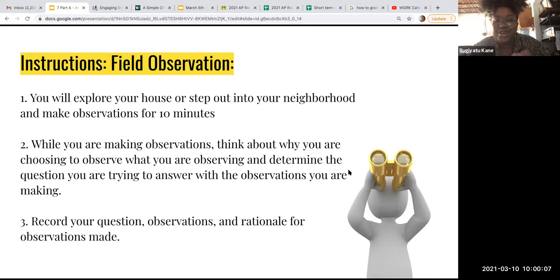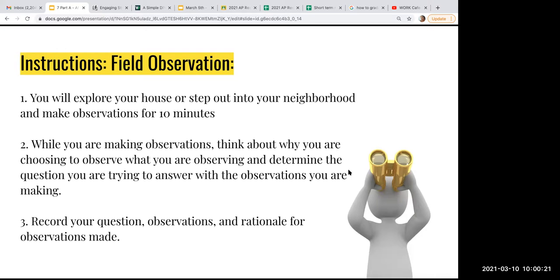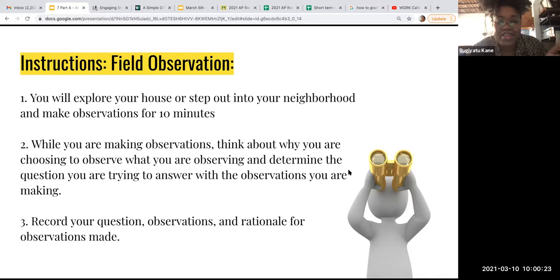So I want you to just go out, explore, and come up with some questions based on what you have been able to see. And we will reconvene at 7 minutes past 3. How does that sound? Good. Okay, so go ahead, observe, and then come back with your observations so you can write notes and let us know what your questions were. Thank you.